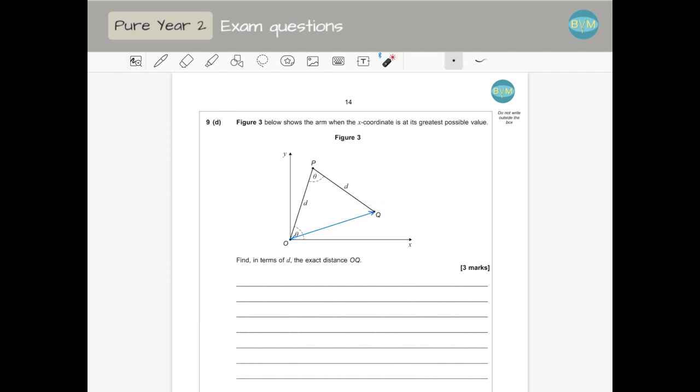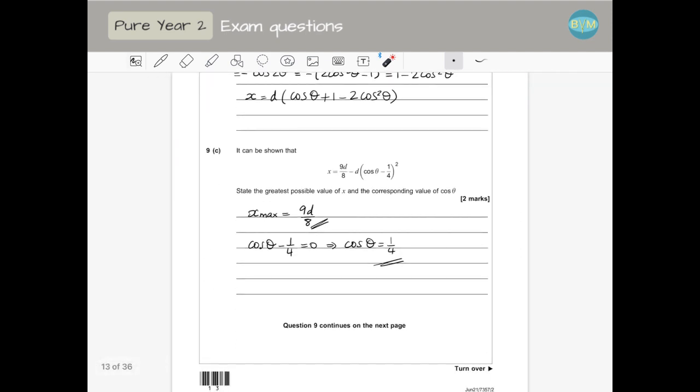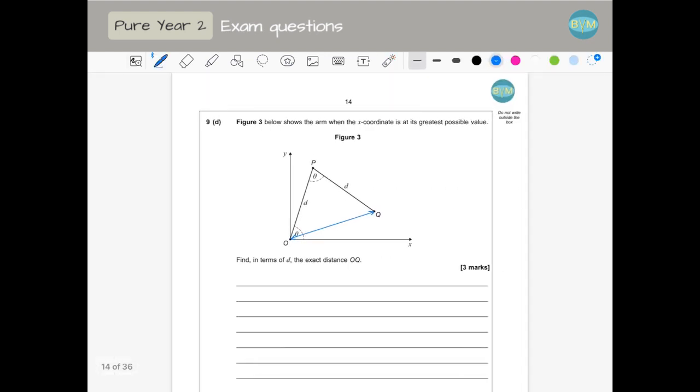This coordinate, so what is maximum is the x. And we know the maximum value of x is 9d divided by 8. So that means that we know this here. This is 9d. We don't even need that.